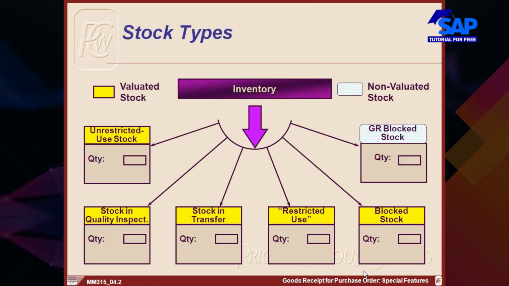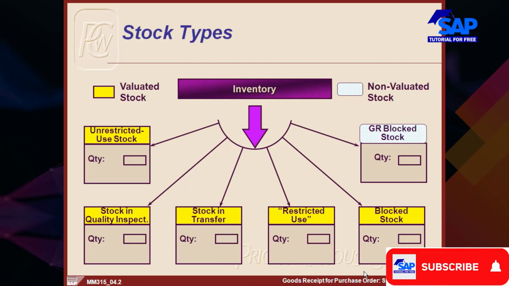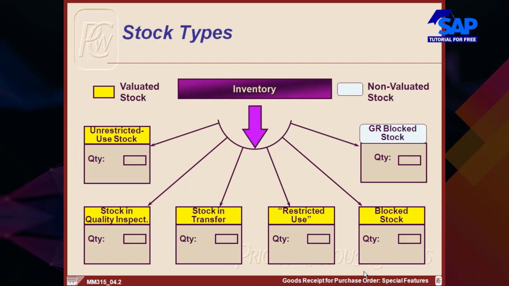Now, let me discuss various stock types. I said quality inspection stock, unrestricted use stock, and blocked stock. These are the 3 standard stock types. Let me repeat: unrestricted stock, quality inspection stock, and blocked stock. These are the 3 stock types available in the SAP standard system.